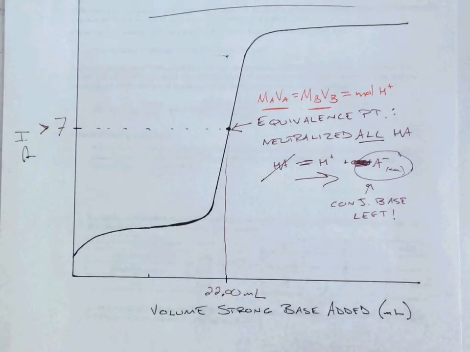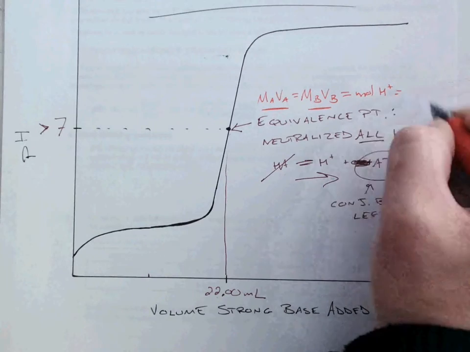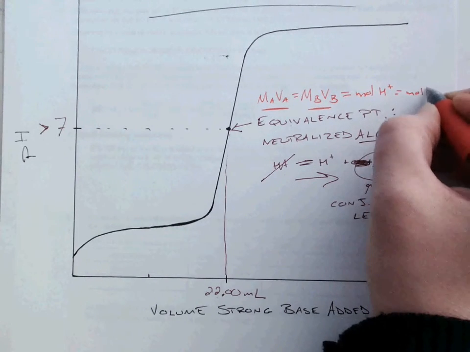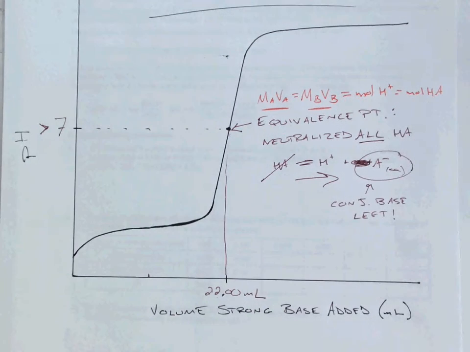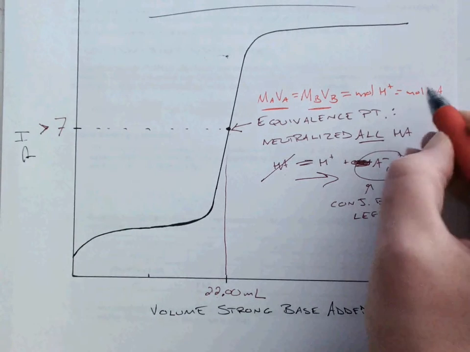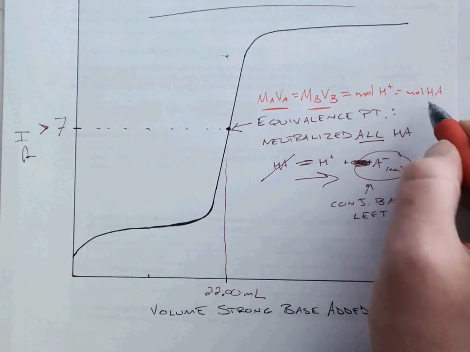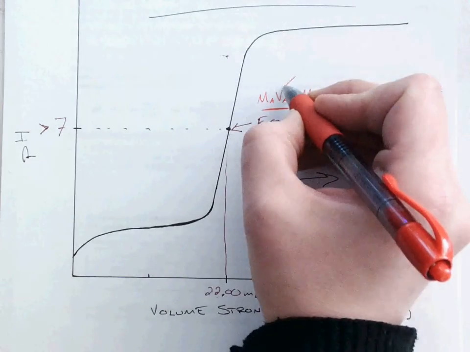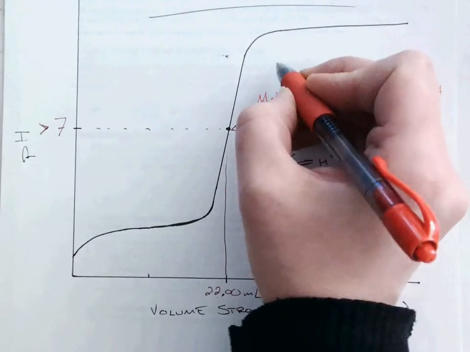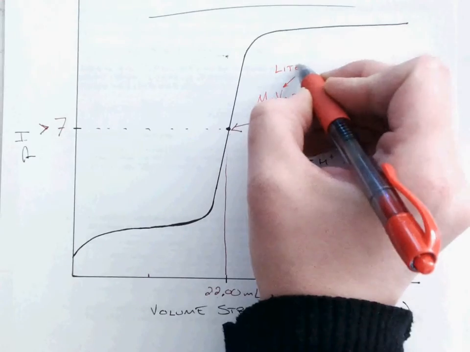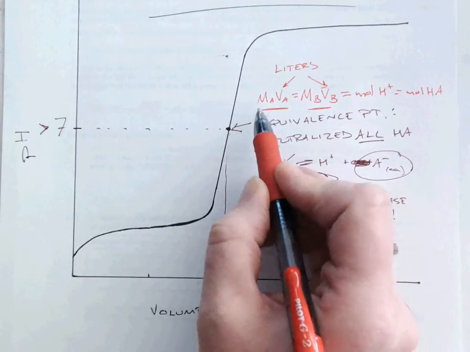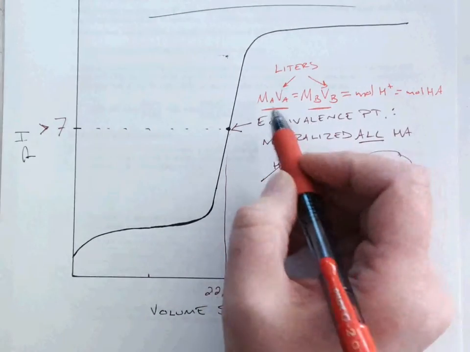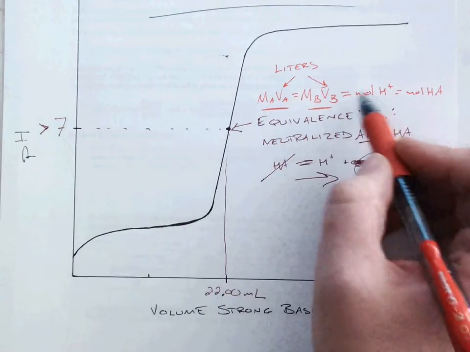If it is a monoprotic acid, then you have also just found the moles of the acid. This could be thought of as your initial moles of acid in the chart. In this case, your volumes need to be in liters because your molarities are in moles per liter. So moles per liter times liter equals moles.